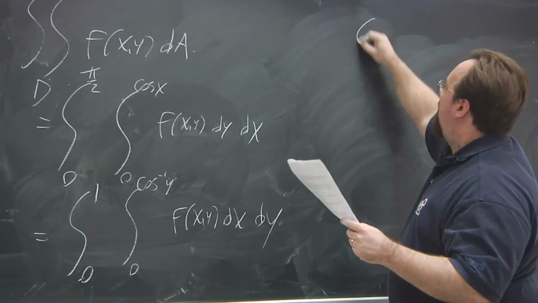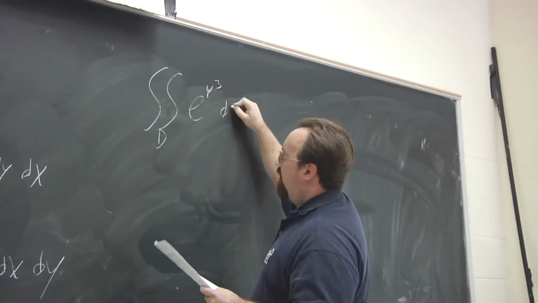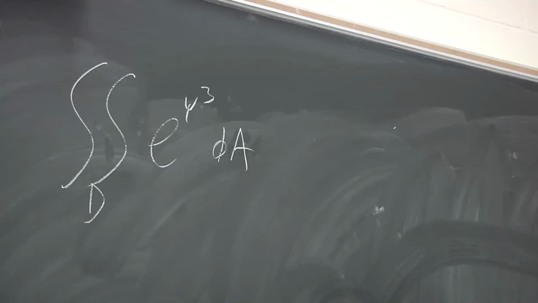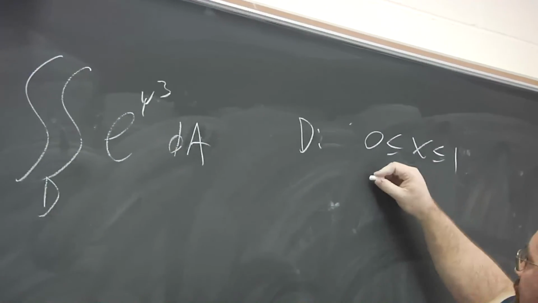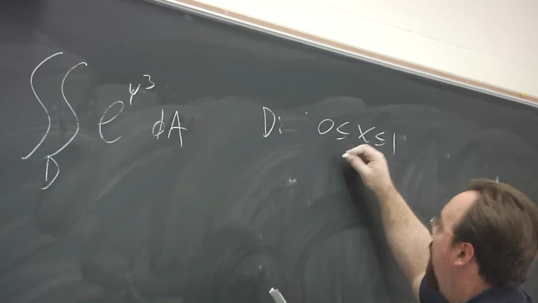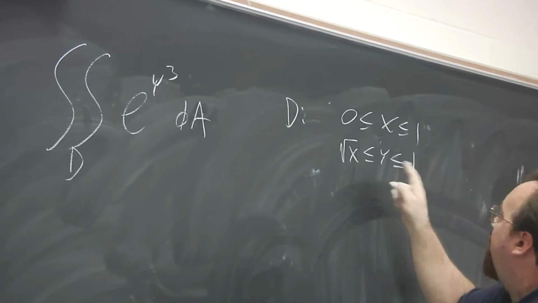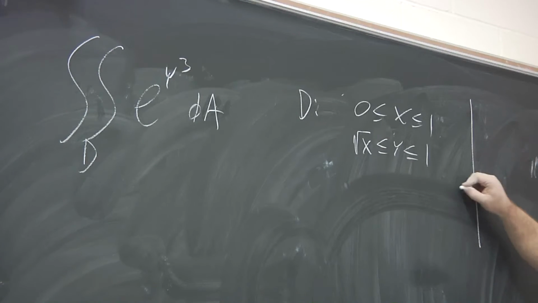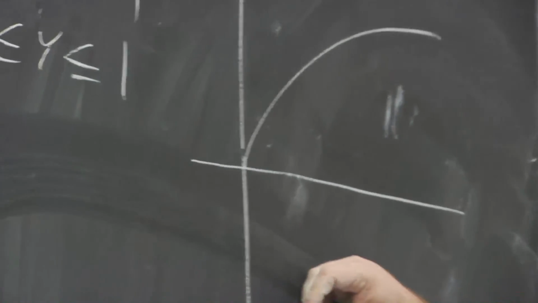So, e to the y cubed. Integrate over region D, where D is x goes from 0 to 1, and y goes from the square root of x to 1. So let's draw that. Okay, so here's a graph of the square root of x.